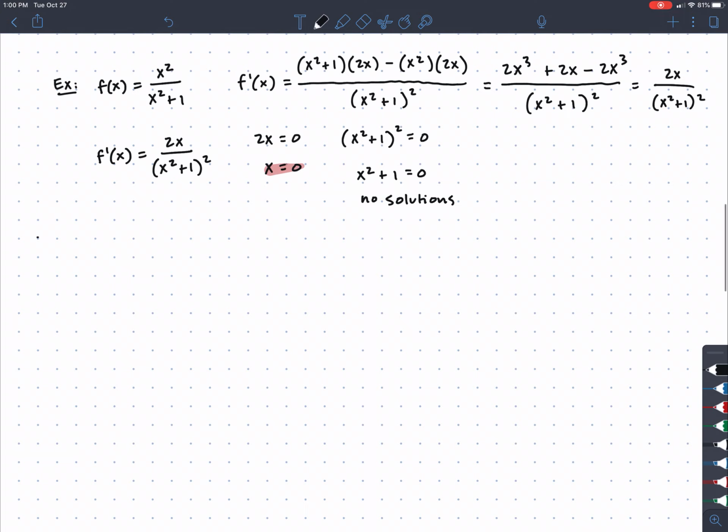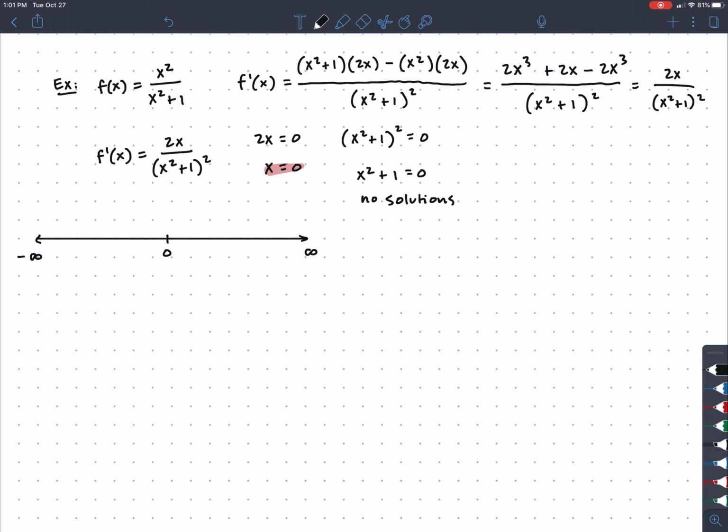So let's do the sign chart for that. And we'll do 0 in the middle, positive infinity. So at this point, we are going to plug in test points to see whether this will be negative or positive.